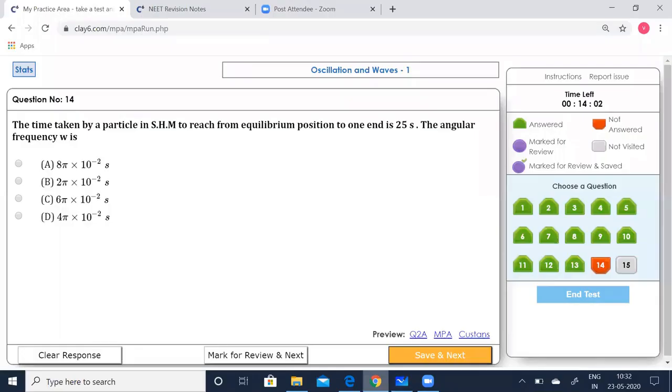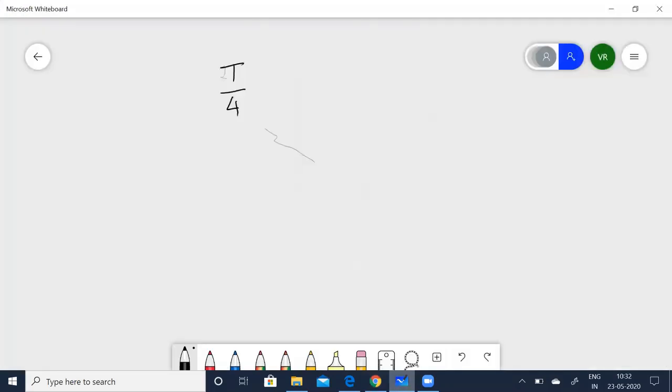The time taken to reach from one extreme to the equilibrium position is given as T by 4. Look into the question carefully, it takes 25 seconds. So from this, we infer that T is equal to 100 seconds.